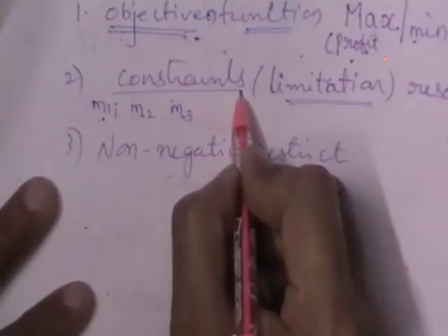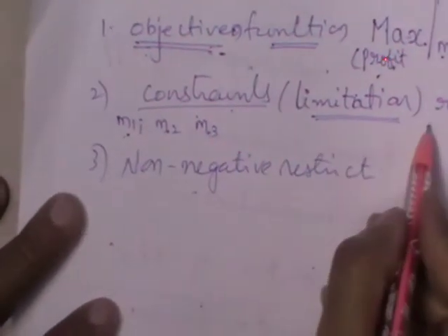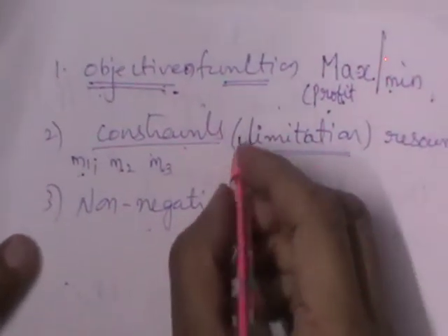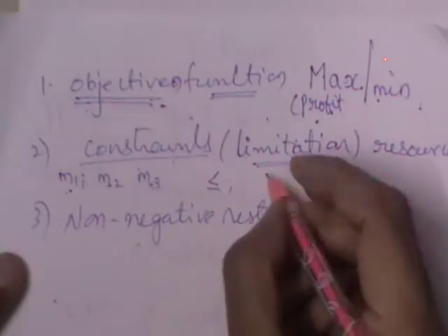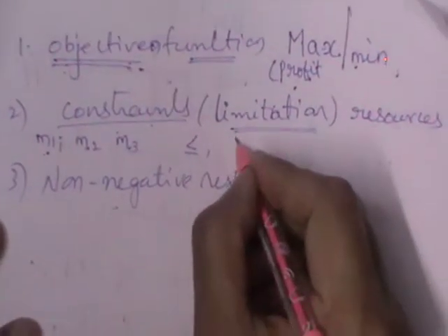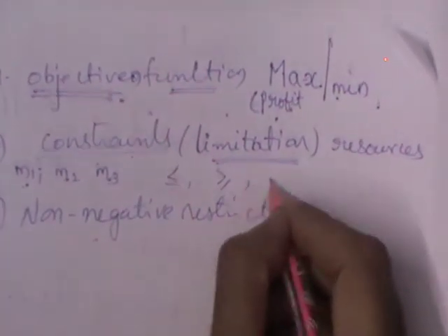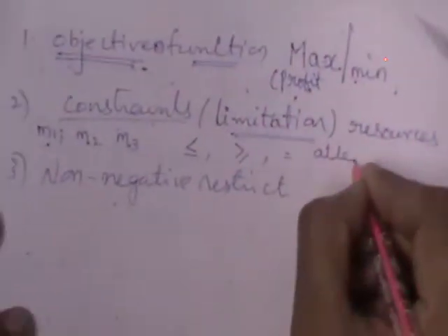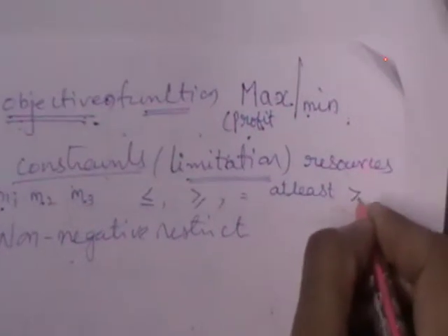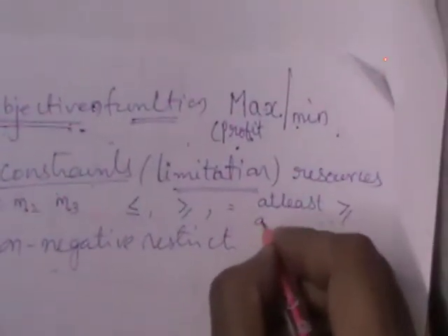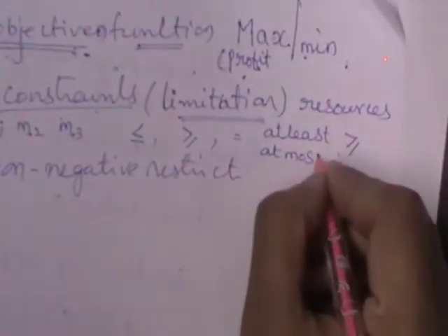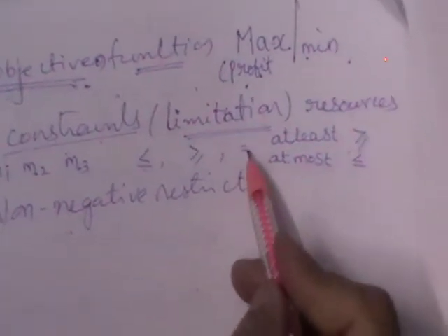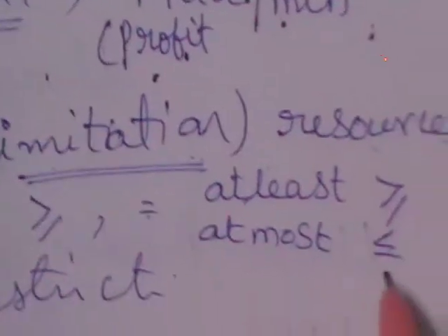So in the second part, called constraints, you establish the limitations of the resources, which may use the symbols less than, greater than or equal to. Whenever we use the words at least, we use the symbol greater than. Whenever we use at most, we use the symbol less than. If it is given exactly, we use the symbol equal to.